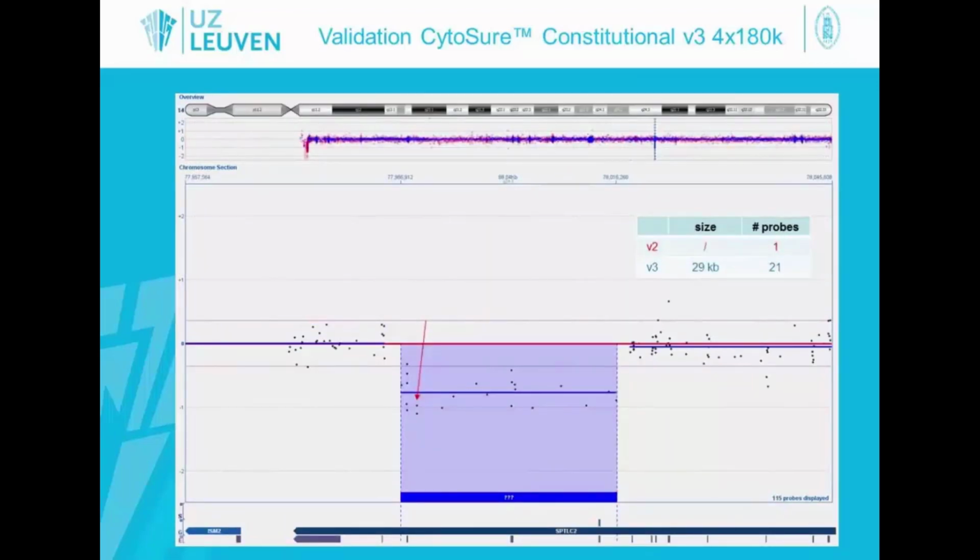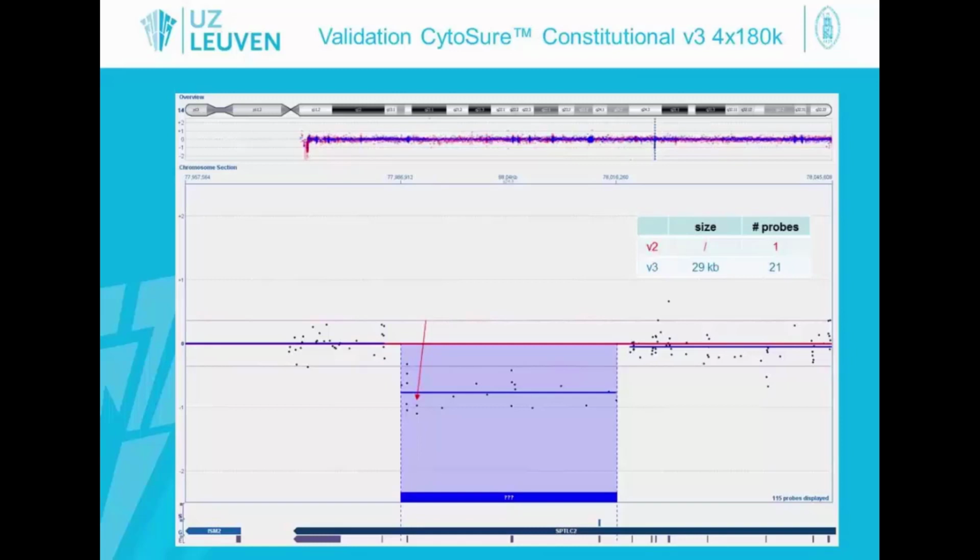Then for this case, we detected a 29 kb deletion, intragenic in the SPTLC2 gene, with the V3 array. It contained 21 probes, while on the V2 array there was only 1 single probe.